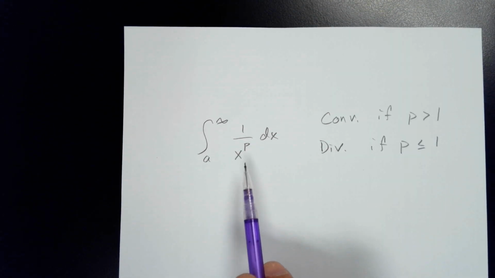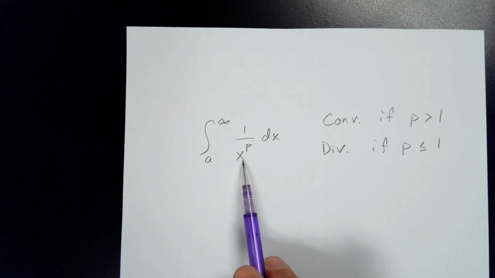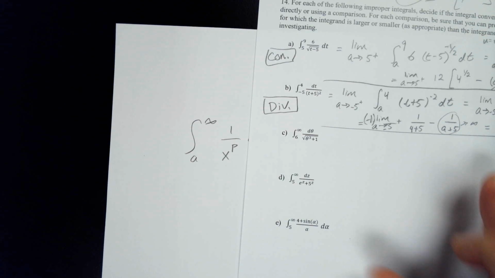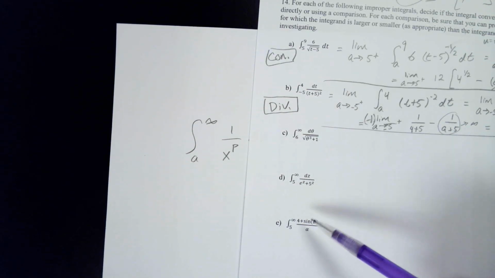So if p is 1, it diverges. If p is 2, it converges. So any constant, whether it be 1 or in this example 6 or 5, those are the rules.